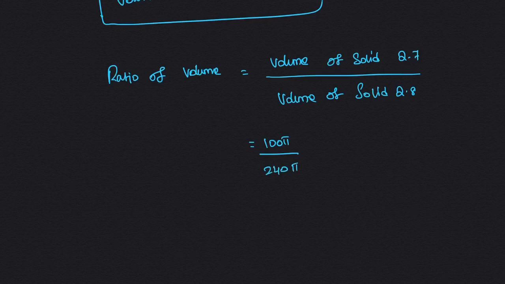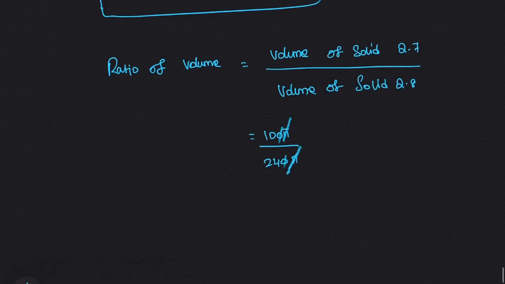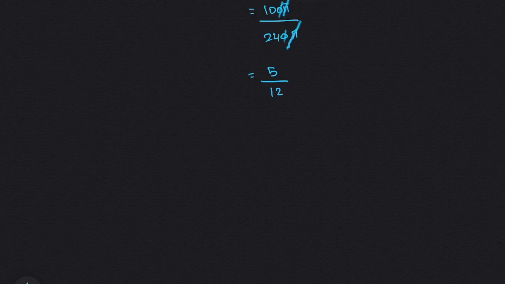For this reason only I am not using the pi value as 3.14 or 22/7. So just directly cancelling pi, then zero also, 10 divided by 24. The common term is 2. So further value is 5 divided by 12. So the ratio of volume is 5:12.